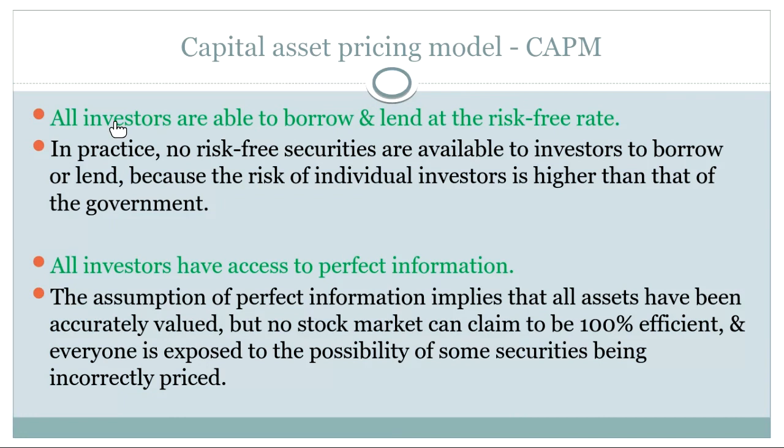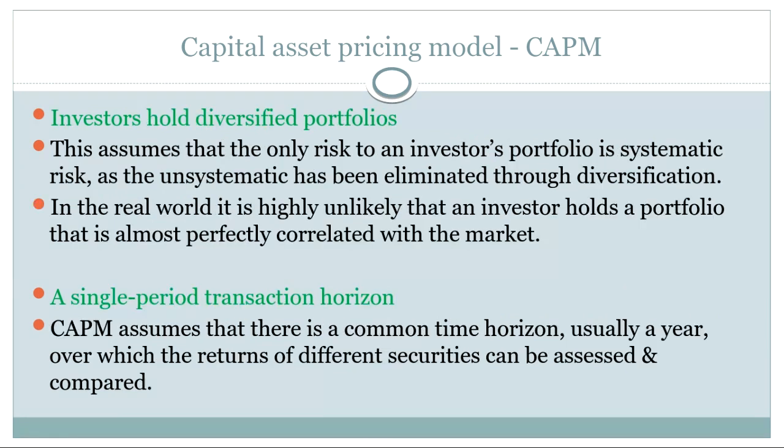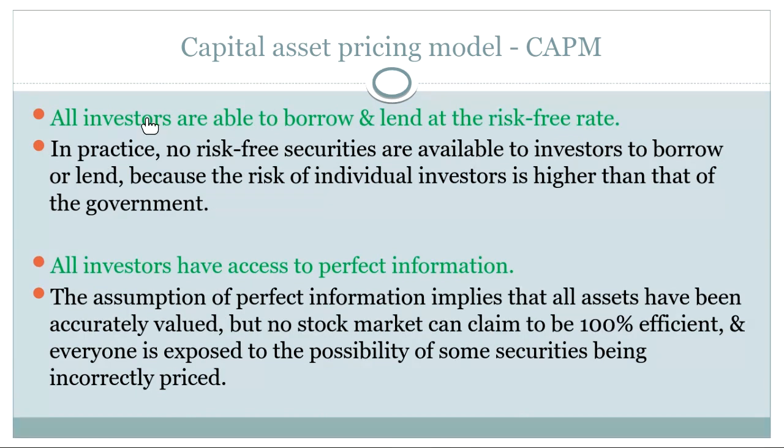These are the assumptions that we are making in this discussion that you can see on these last two slides. These four assumptions: investors hold diversified portfolios, there's a single period transaction horizon, all investors are able to borrow and lend at the risk-free rate, and all investors have got access to perfect information. Okay.